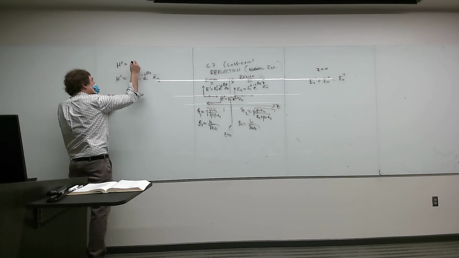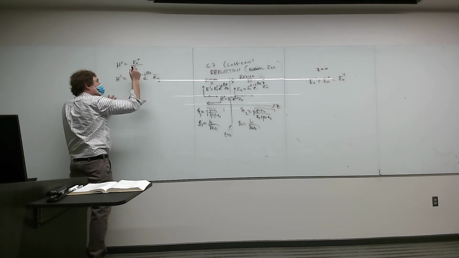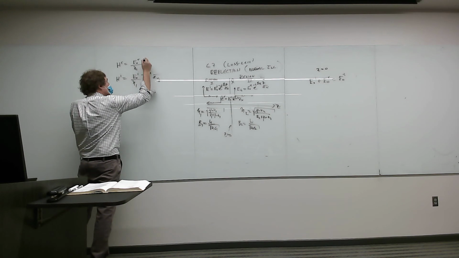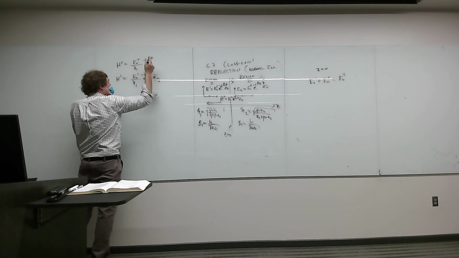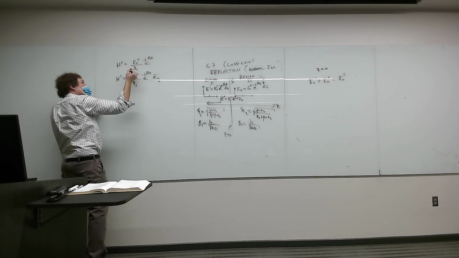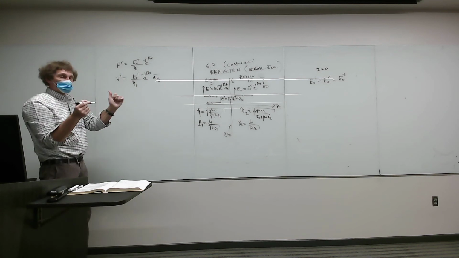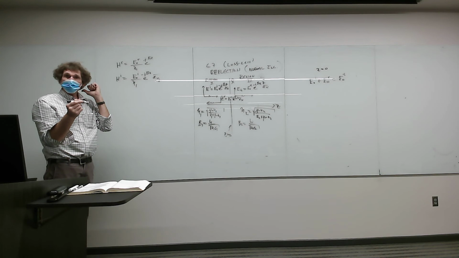Now the reflected magnetic field would be E naught reflected over eta 1, still eta 1, e to the plus j beta 1 z. But there's one thing that happens here. I think I told you that the ratio of E to H when it's a negative going wave is actually minus eta, right? Do you remember that?